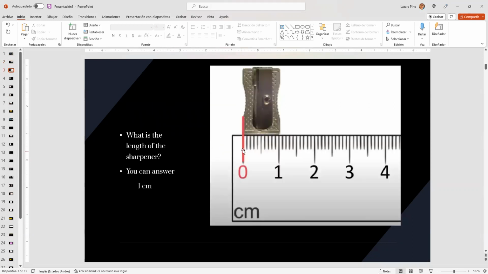You can see that this sharpener, for example, is around 1 centimeter. Then you can say that the sharpener is 1 centimeter until this moment, because later I will show you something else about measurements.